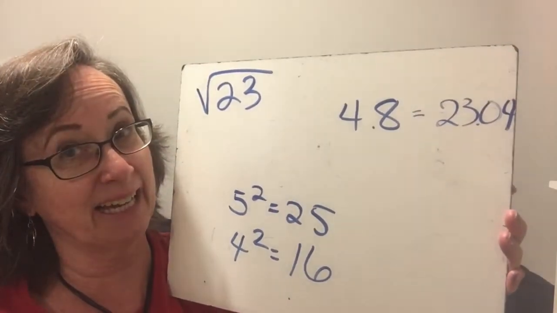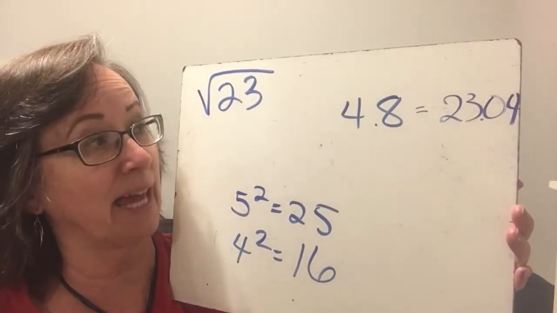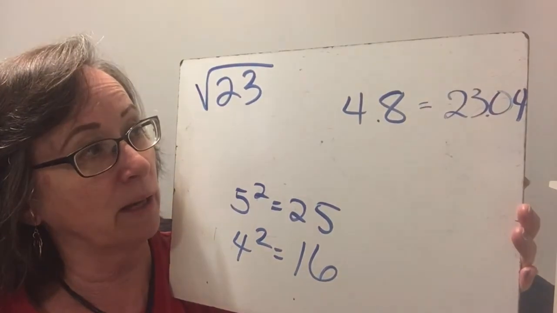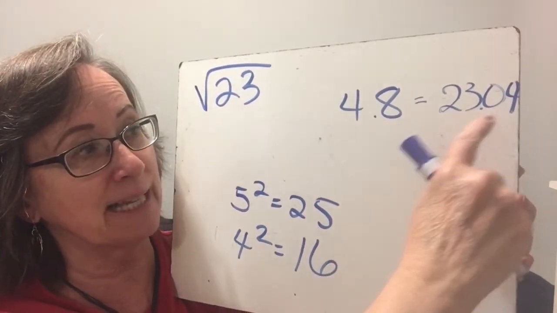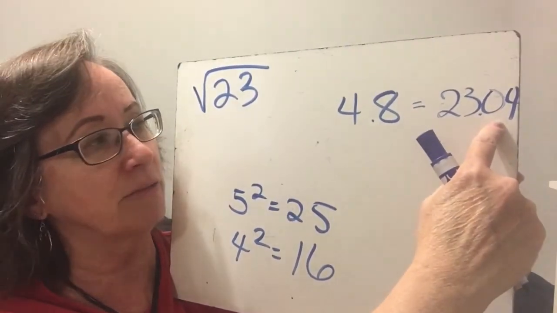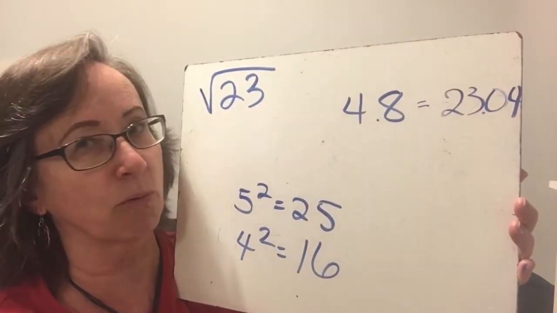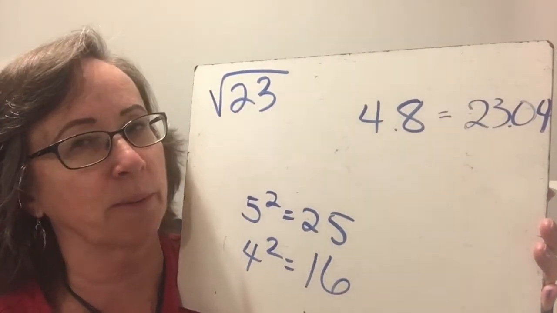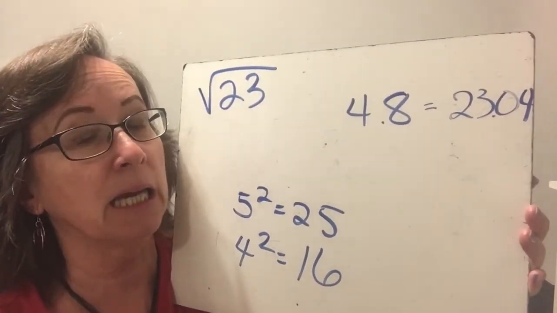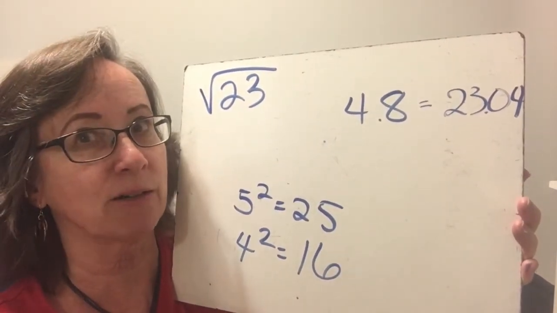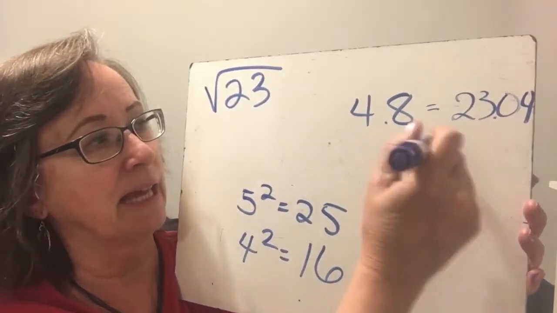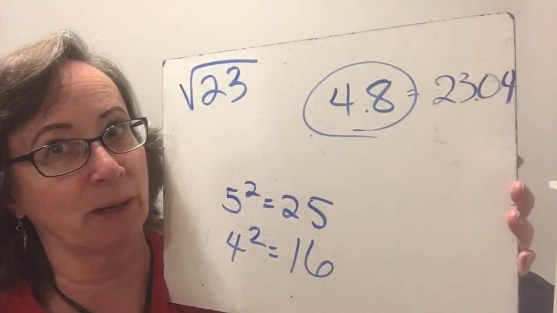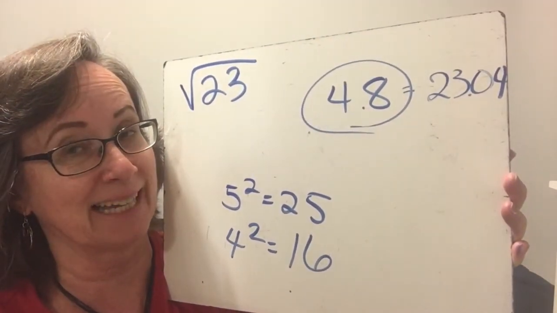Now 23.04 is pretty close. So I think I hit that nail right on the head. So this is just a tad over, so that means it's probably like 4.79. But since I'm supposed to round it to the nearest tenth, then I'm sticking with 4.8. And that one didn't take me long to get, did it?